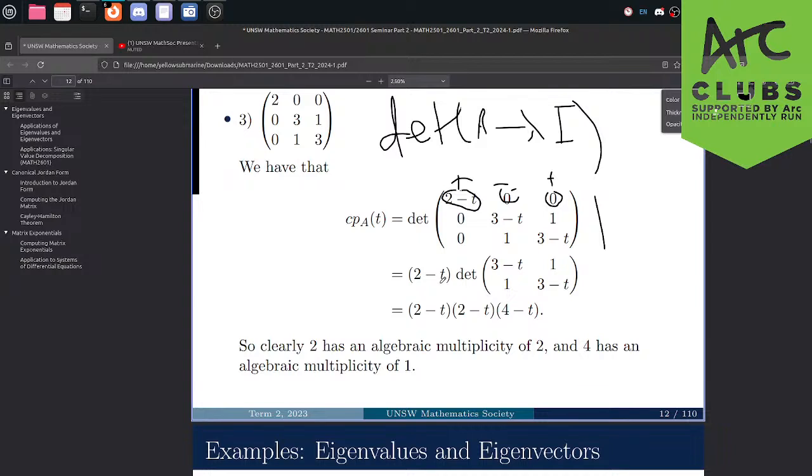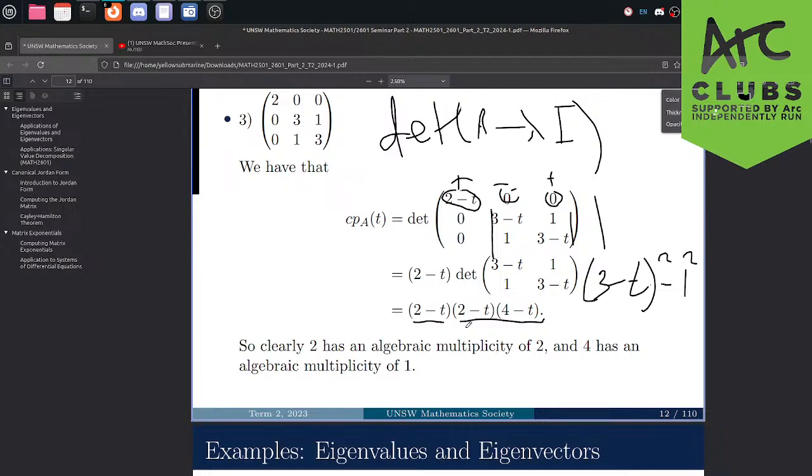So you take 2 minus t times the determinant of this submatrix. And the determinant of this submatrix here is 3 minus t squared minus 1 squared. And then you can use difference of squares to factorize this. So you get 3 minus t minus 1 and 3 minus t plus 1, which gives you this expansion over here. And then you just multiply this back in.